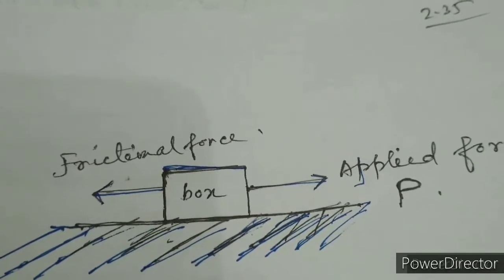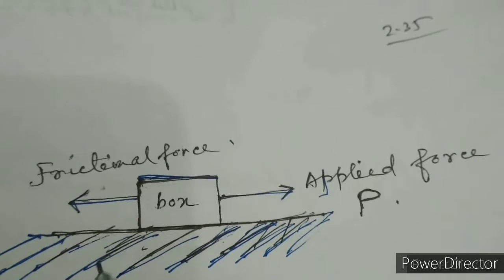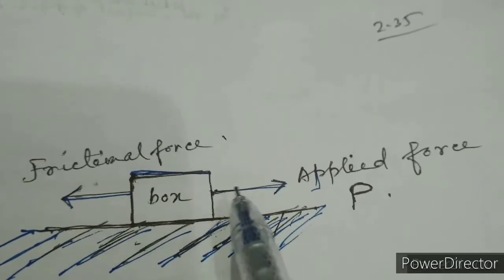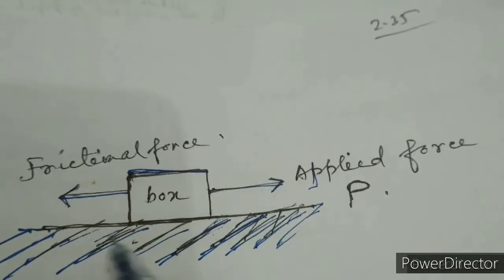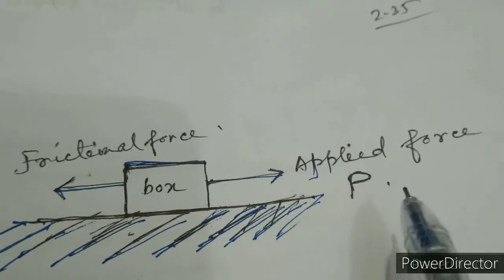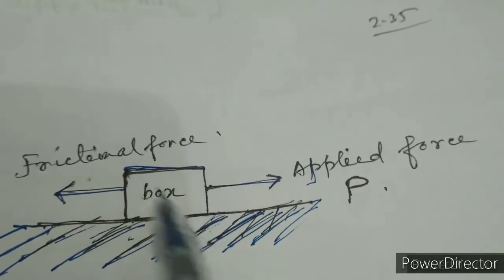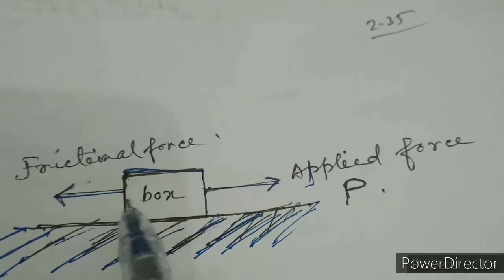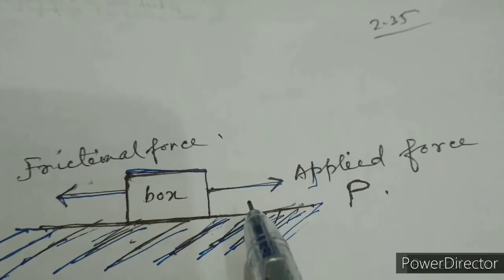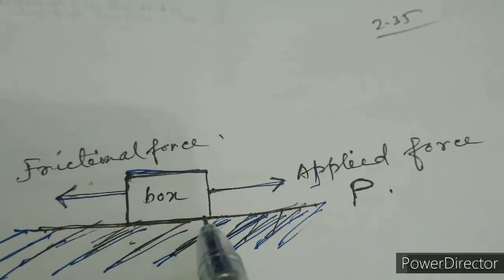Now let us take one example to understand the static friction. Suppose this is the box, and we are applying some force on this box, trying to pull it. This is the surface over which it is placed. We will see that when we apply some force, initially the box will not be displaced.